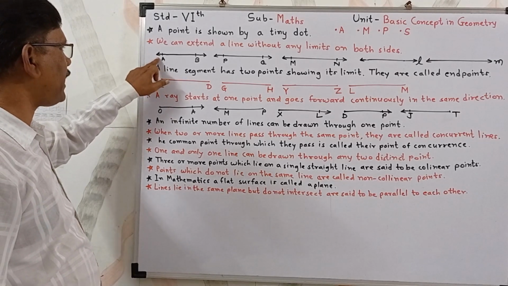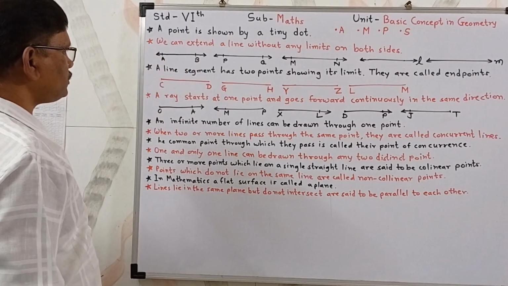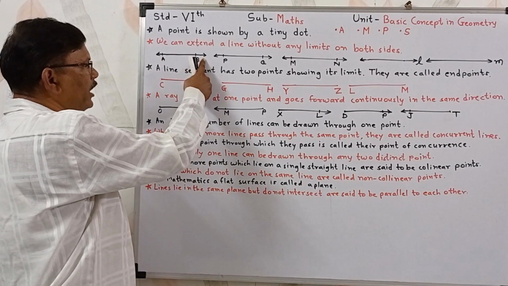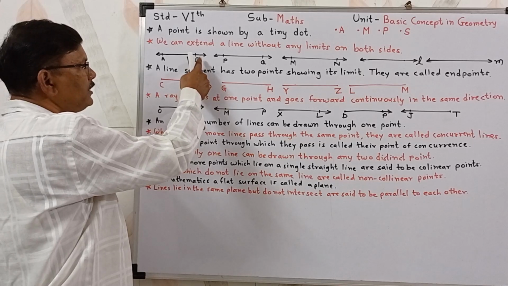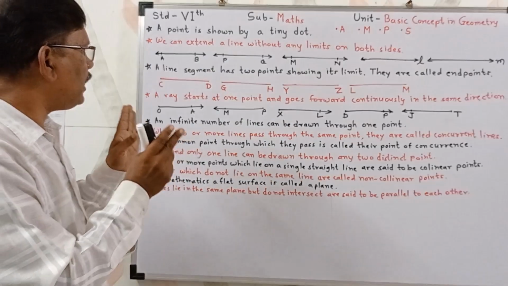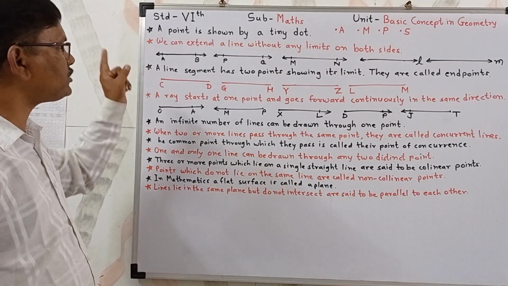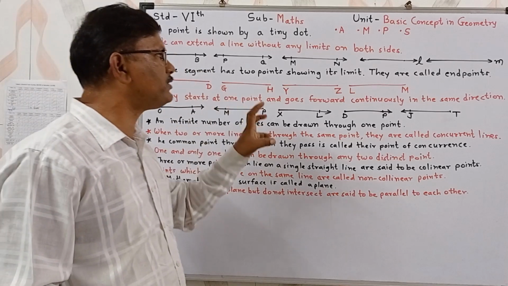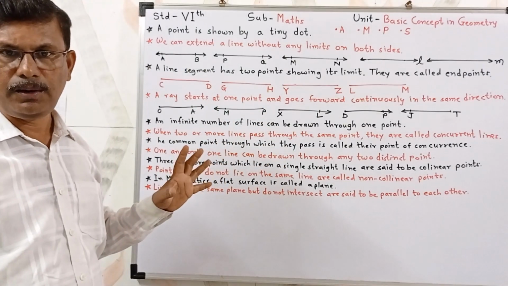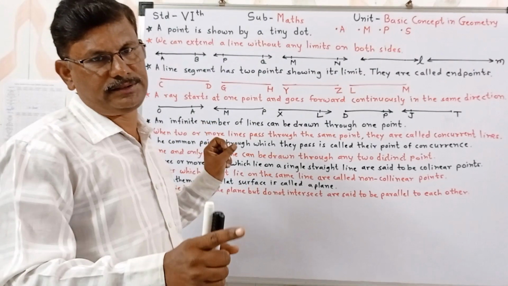This arrow shows that line AB extends to this side, and this arrow shows that it extends to this side. So a line extends both sides. We can extend a line without any limits on both sides. Understood?